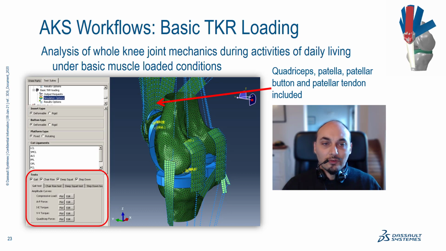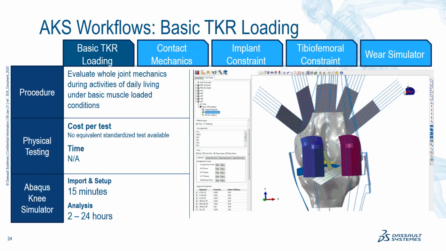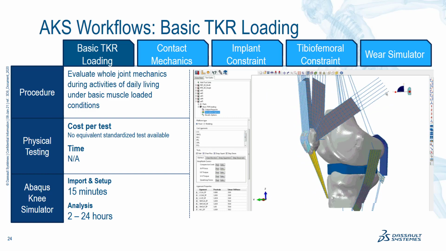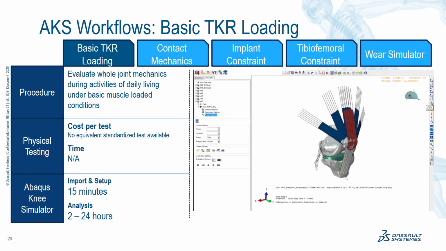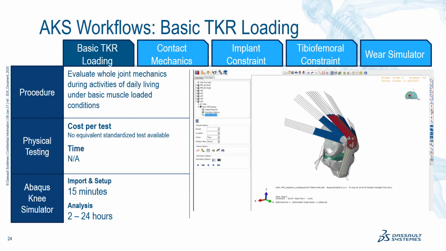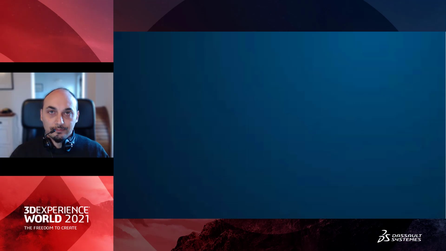And again, we can define which movements we can test in this model. Of course, again, we can define all the ligament properties and the muscle properties, now also with the bone shift. And here you can imagine it's a very, very complex situation. There is no equivalent standardized test available, and still in the Abaqus knee simulator it can take just 15 minutes to set up and up to 24 hours to do the calculation.